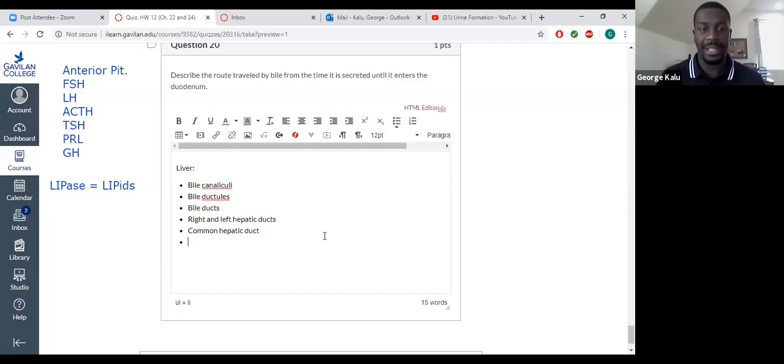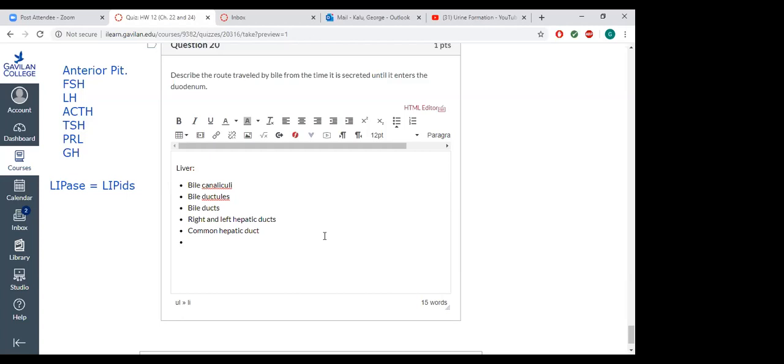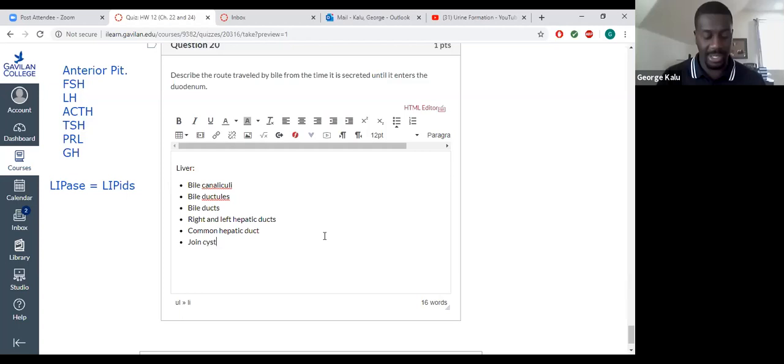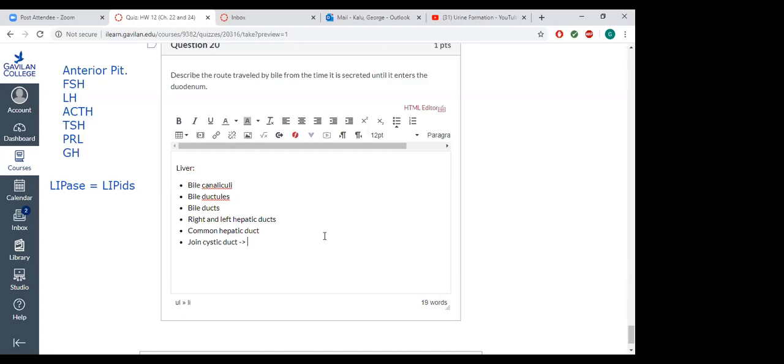And then from there, the common hepatic duct will do what? It joins the cystic duct. Right, so it'll join the cystic duct and then form what? The common bile duct.